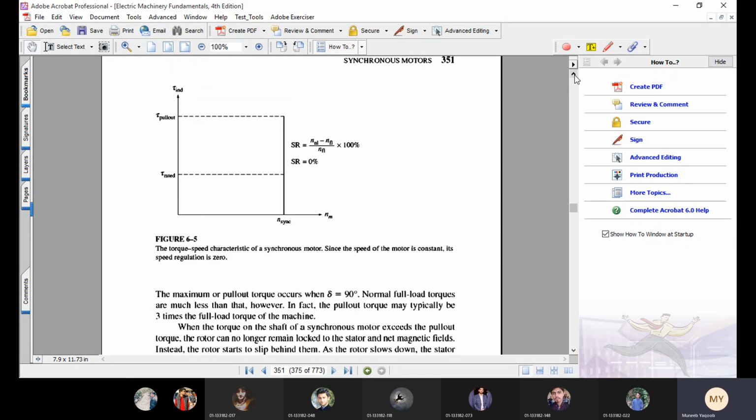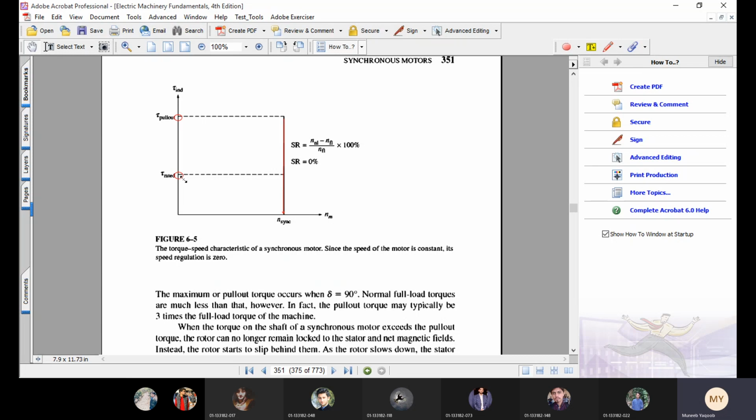This is the speed torque graph of a synchronous motor represented in figure 6.5, where the speed of the synchronous motor Nm stays constant at this line, despite the torque applied at the shaft of the motor being increased from 0 to the pull out torque. This is the pull out torque, and this is the value of the rated torque.